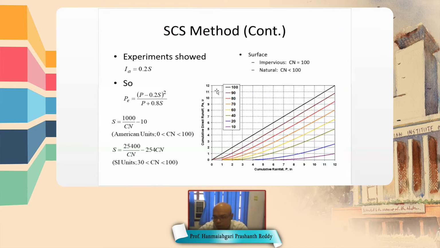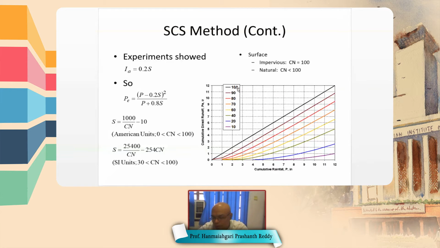Apart from these formulas, they have also supplied curves or plots, so without the formulas we can calculate excess rainfall using these plots. In this plot there are three variables: the x-axis is cumulative rainfall, the y-axis is excess rainfall, and the lines represent curve numbers.